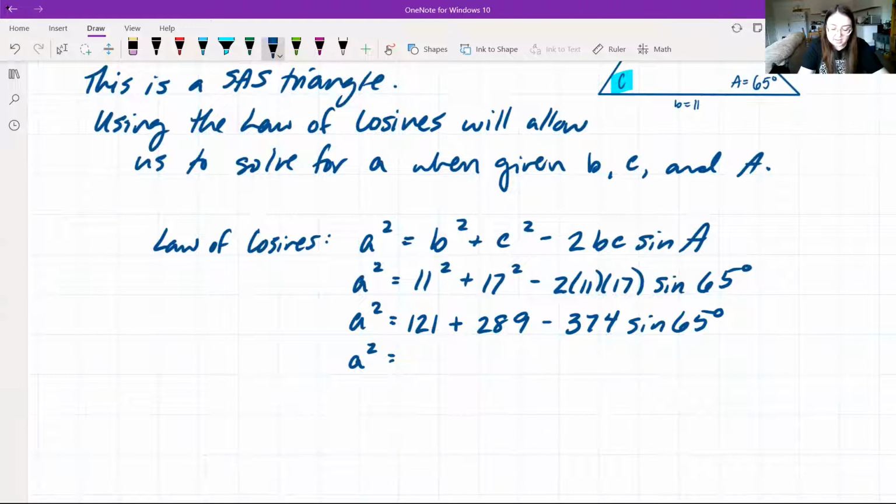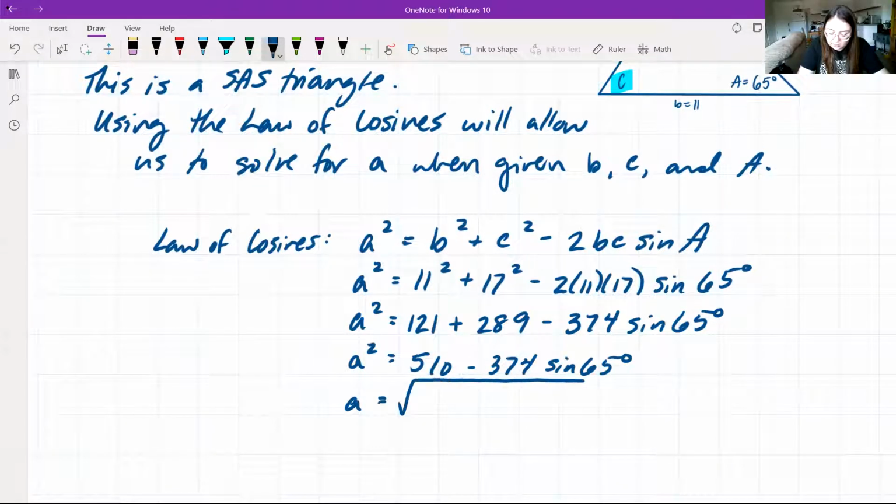So just simplifying this, we get 410 minus 374 times the value at 65 degrees. And we find A by taking the square root of this value. Trying not to round as much as possible so we can get the most accurate value of A.